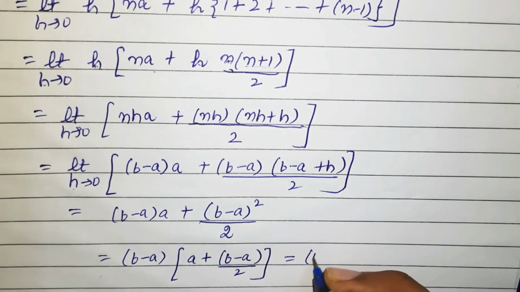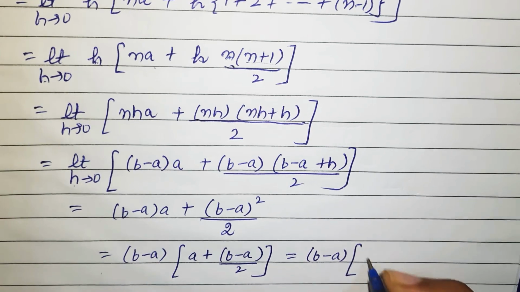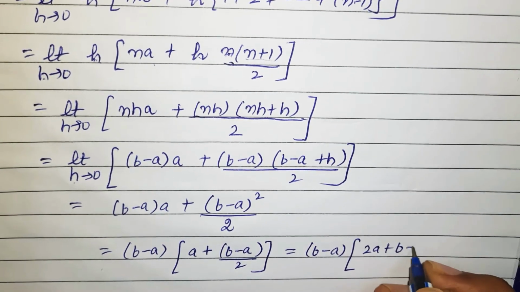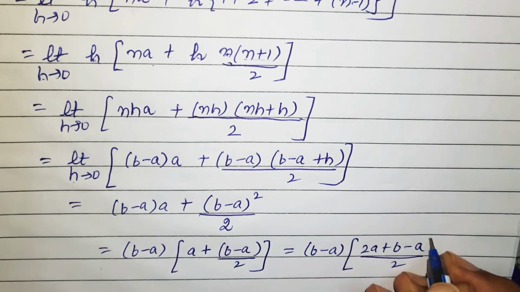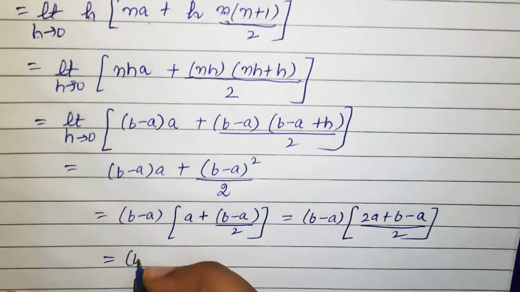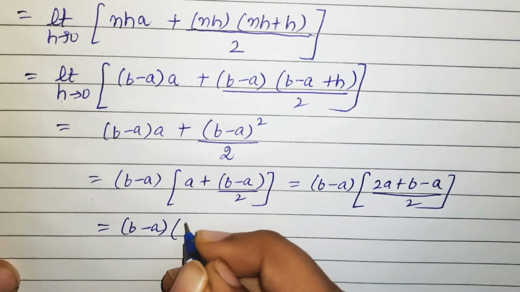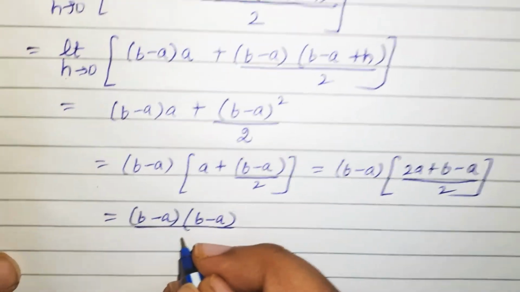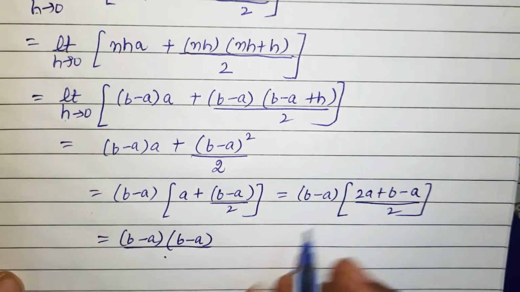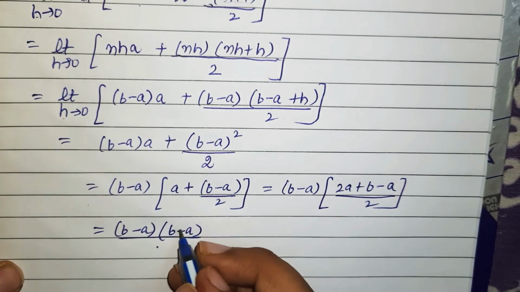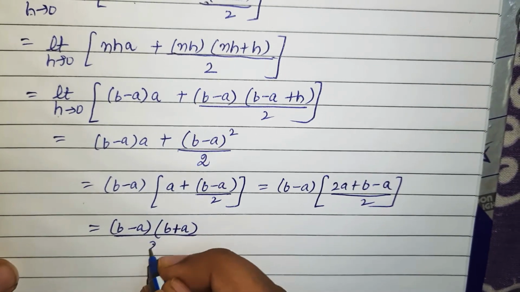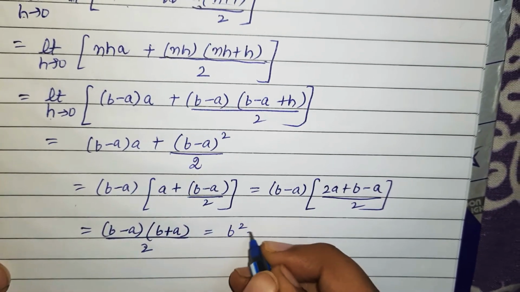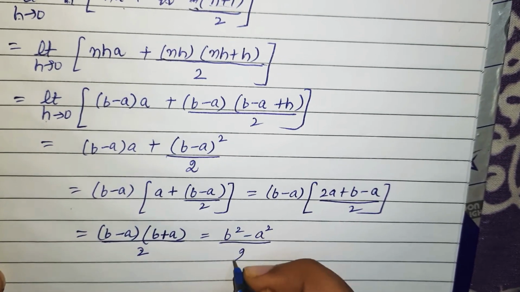So I am getting (b minus a) times (2a plus b minus a) by 2. So finally I will get (b minus a)(a plus b) by 2, so b square minus a square by 2. So you will get the same answer.